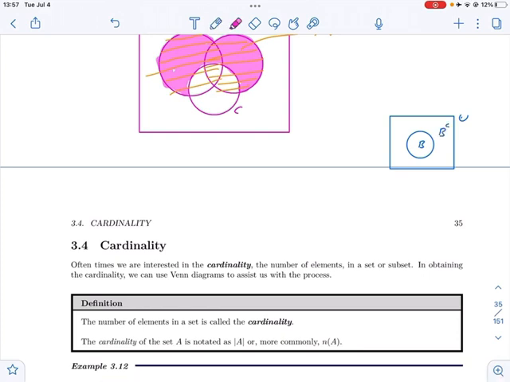It's everything outside the set B. Now, if we add the set B and the complement of B, the union, that means we add elements together, that will give me the whole universal set. So the universal set consists of the set and its complement, everything inside the set and everything outside the set.